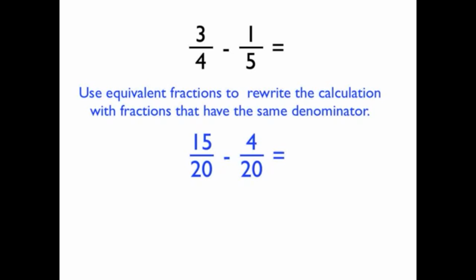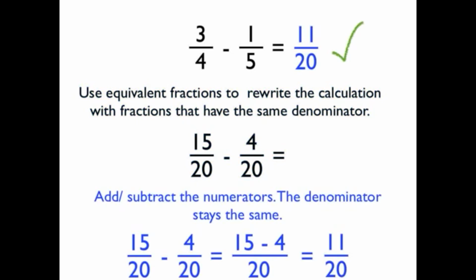So in this case, I would use 15/20 as an equivalent fraction to 3/4. I would use 4/20 as an equivalent fraction to 1/5. Why have I done that? Because I want to rewrite the calculation with fractions that have the same denominator.